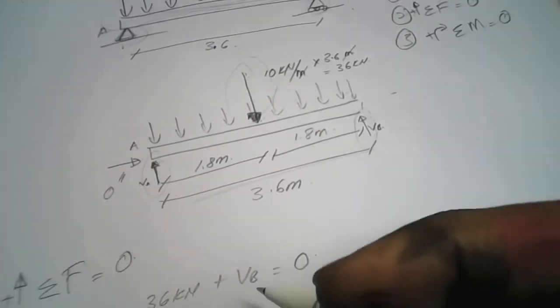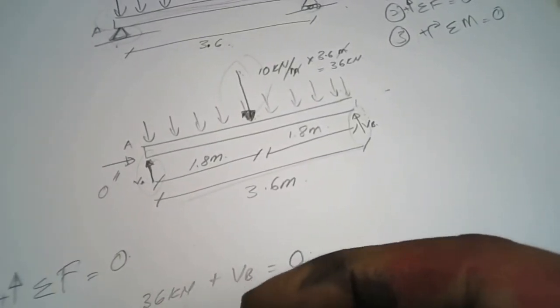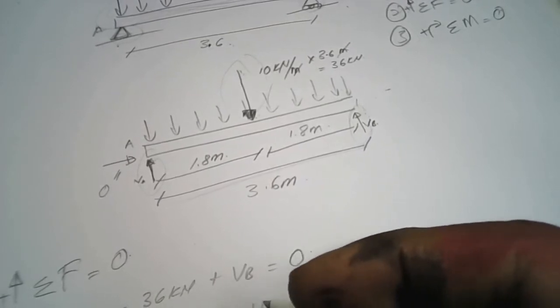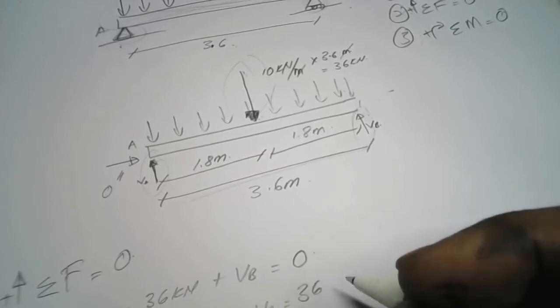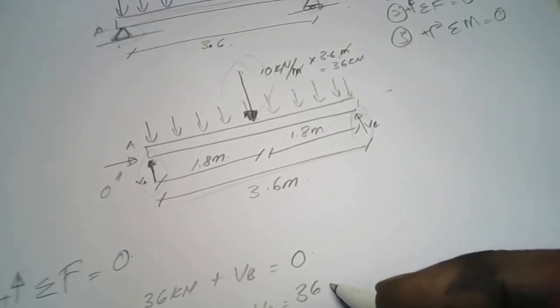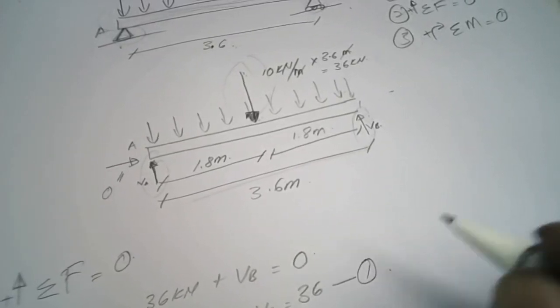You solve the equation, then you get VA plus VB equal to 36 kilonewton, and I name this equation 1.